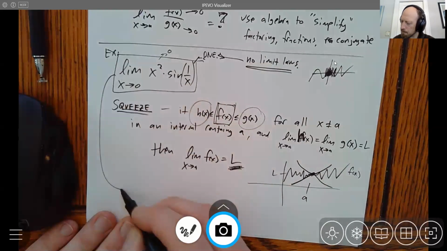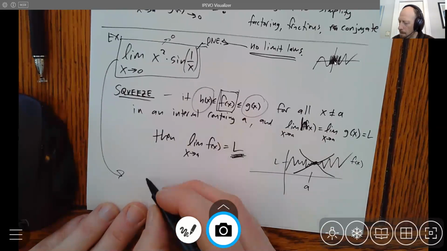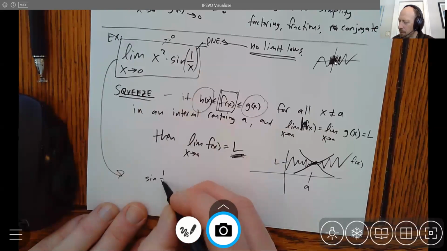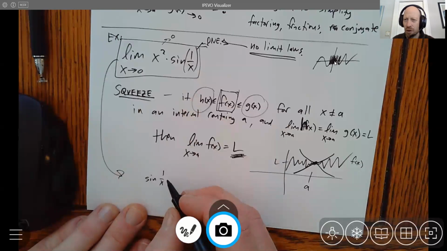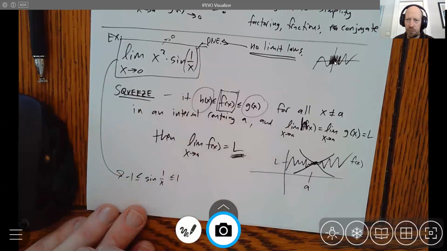Here's our limit. You might remember that I already gave you almost the bounds of this function. The sine function is always less than or equal to 1 and bigger than or equal to -1, right? That's a fact that I mentioned.